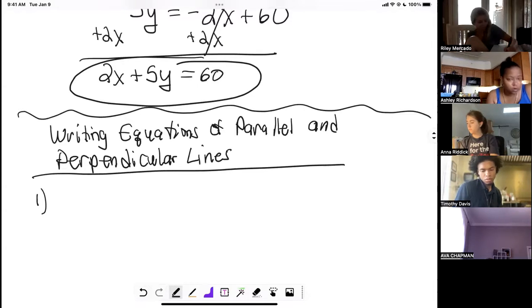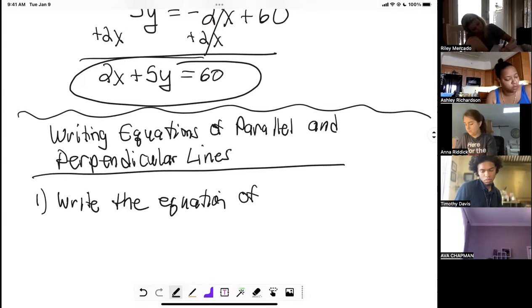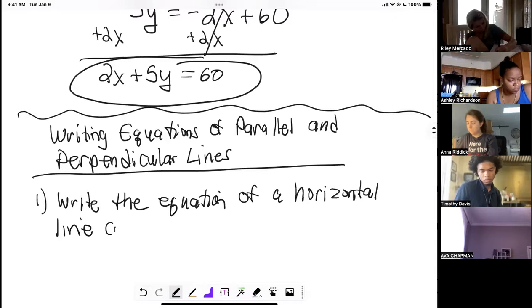I'll tell you right now. So write the equation of a horizontal line containing (4, 5).